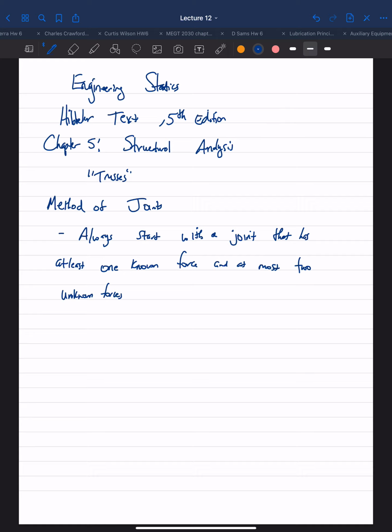And we can use our equations of equilibrium to solve. So we worked out several problems in our first go round with method of joints. And let's work through some more.